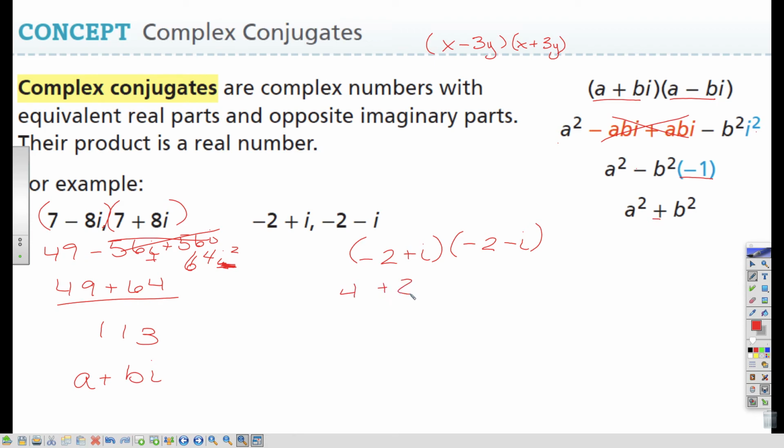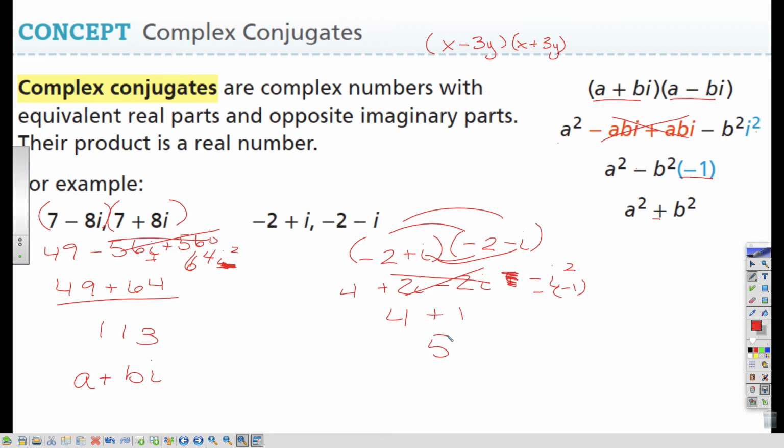Yeah. I get a plus 2i, a minus 2i, and a minus i squared. FOILing it, right? Zero out. So I have 4 minus a negative 1, plus 1, so I get what?